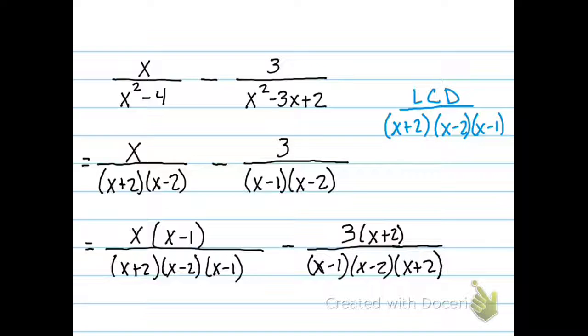And so what I'm going to do now, before I distribute the x in this first numerator, and before I distribute the 3, I'm going to go ahead and write this down as one single rational expression, right? So I'm going to keep the denominator, and the order that you put these 3 factors in does not matter, right?